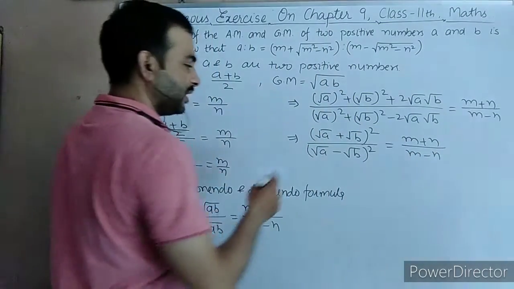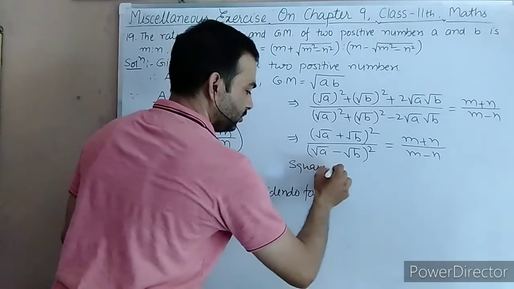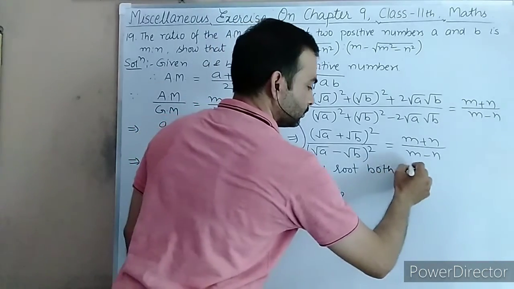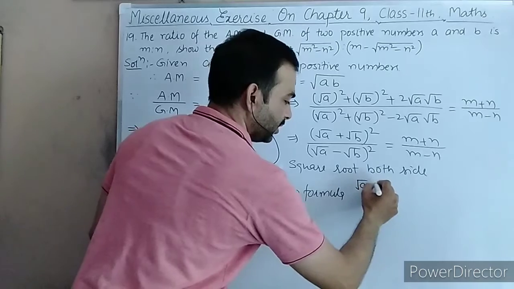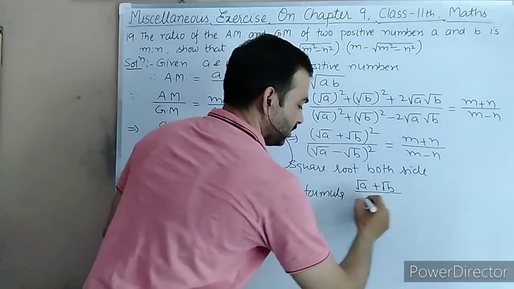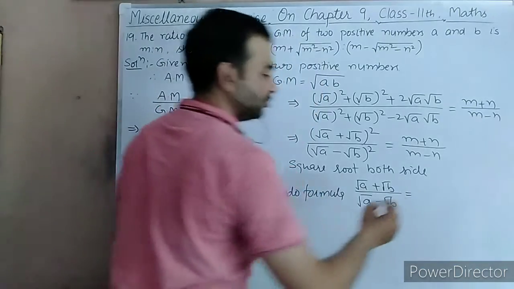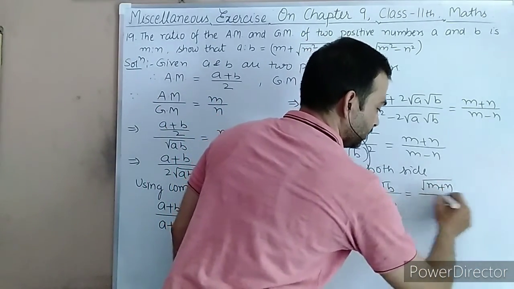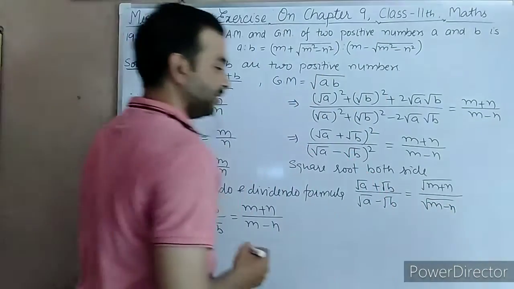Taking square root both sides, we get (root a plus root b) divided by (root a minus root b) is equal to square root of (m plus n) divided by square root of (m minus n).